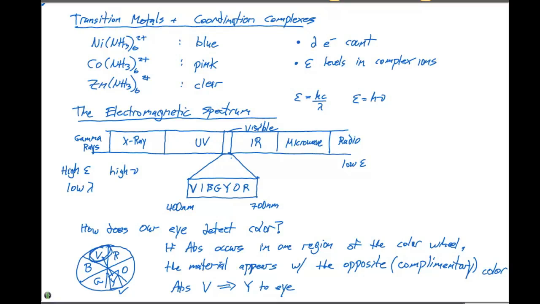If a particular material absorbs green, it's going to be red to the eye. So you can use this color wheel. In the labs, there should be a bunch of color wheels posted on the windows. You're going to use that and the wavelengths of visible light to solve some of your problems and analyze things.